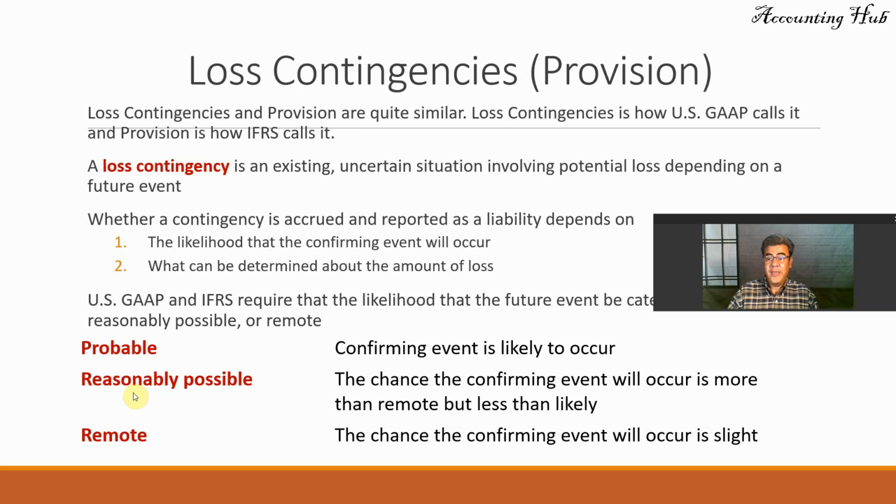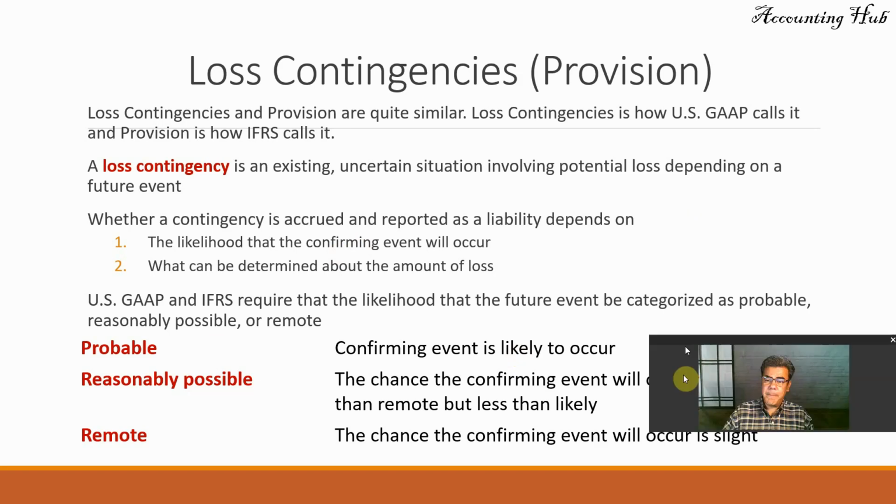However, if I am a chemical industry, maybe it is probable or reasonably possible. So we need to work closely with other departments. The same goes for lawsuits. We are litigating and we can have a loss here. So we need to ask our lawyers, what is the probability of us losing it and spending a lot of money?